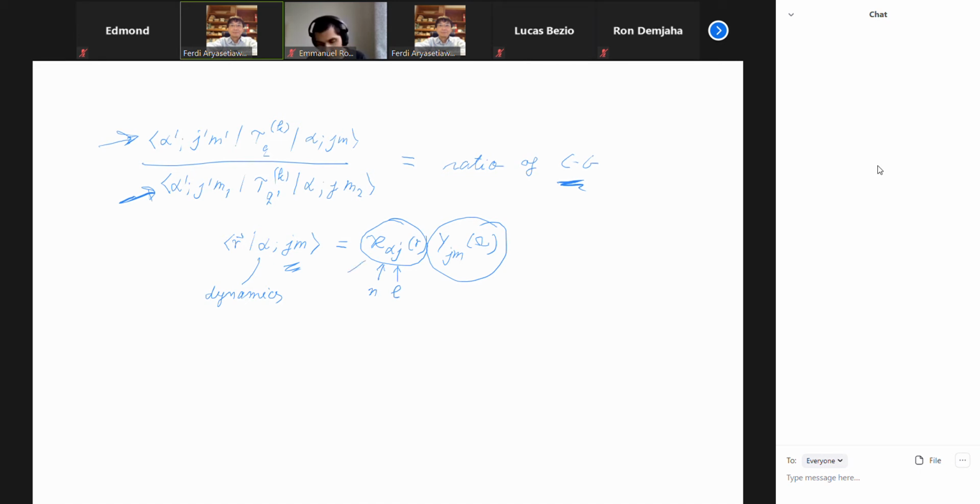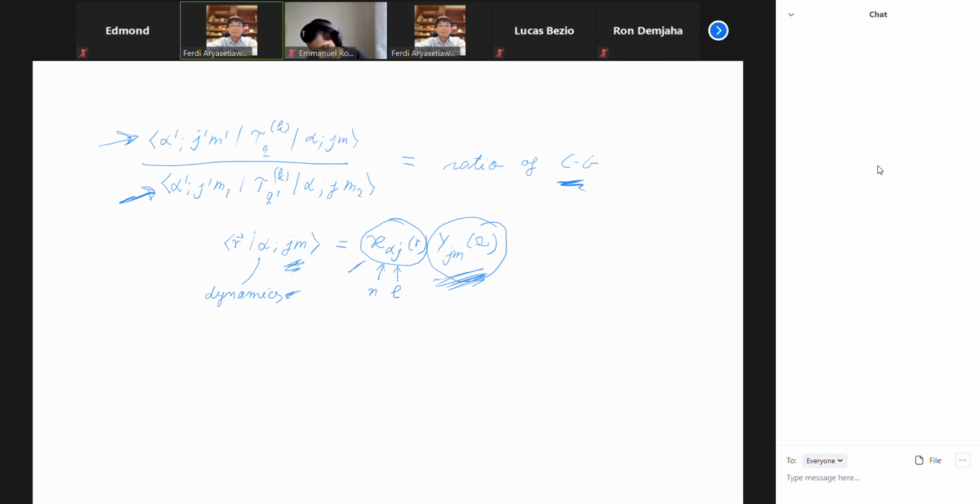This tells us the dynamics, the actual system, but not the symmetry. The symmetry is carried in the spherical harmonics, or the JM. So this is what we mean by the label alpha.